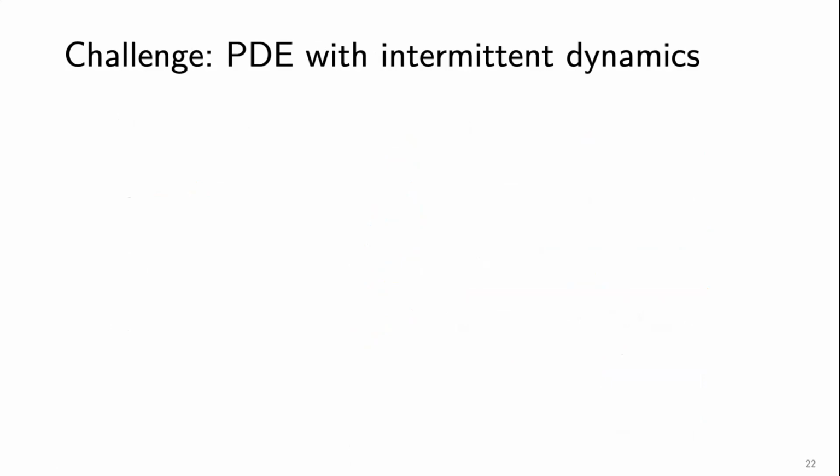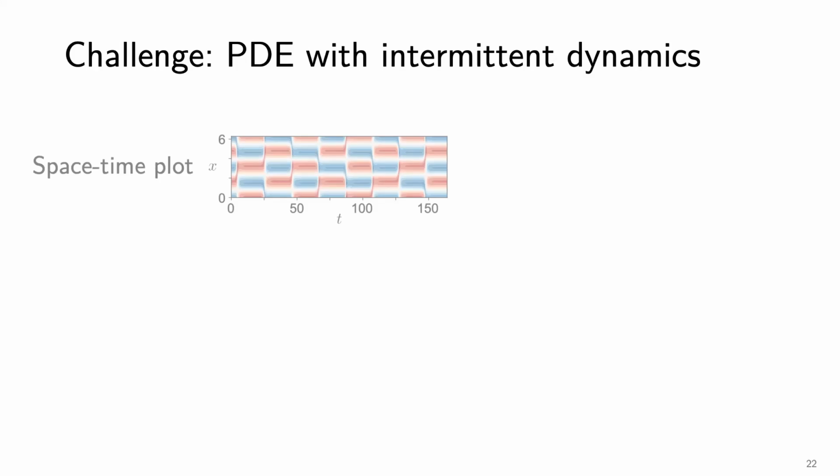Okay, so the last example that I want to show you is a PDE with even more complicated dynamics. In this case, we'll have intermittent dynamics. So here's what the space-time plot looks like. You can see that we have these quiescent periods, where we have a cellular structure, and then we rapidly switch between one cellular pattern and another one.